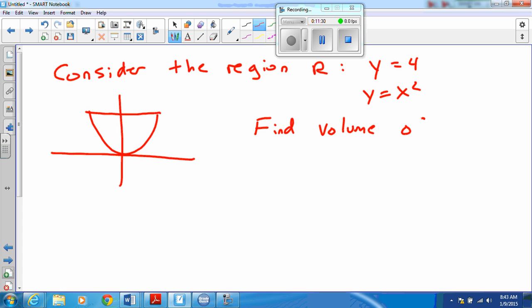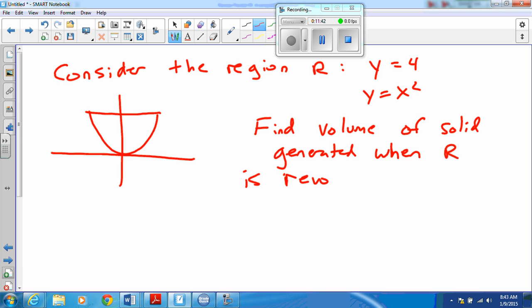Find the volume of the solid generated when R is revolved about... let's start with the x-axis as an axis of revolution.